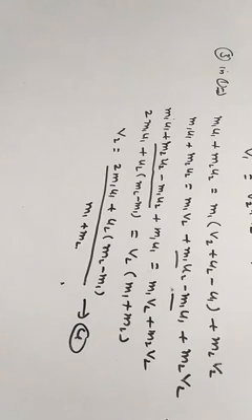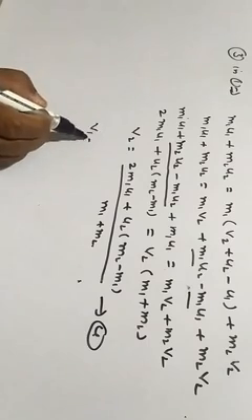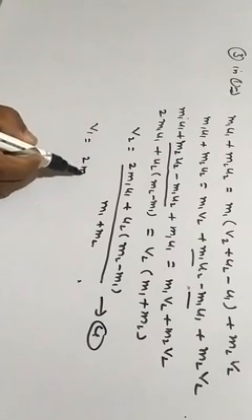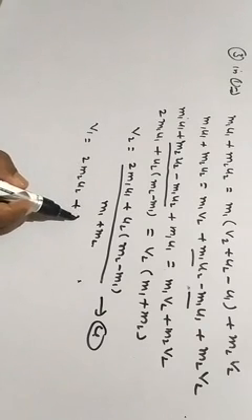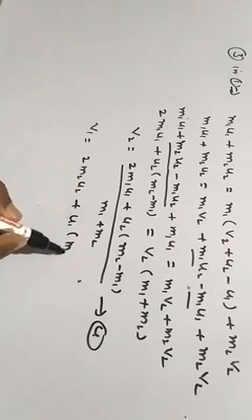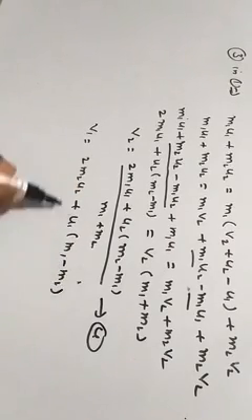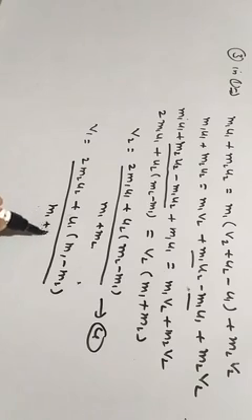Here I do the conversion of suffixes from 1 and 2. So we get the same pattern: v1 is equal to 2m2 u2 plus u1 into m1 minus m2, divided by m1 plus m2.